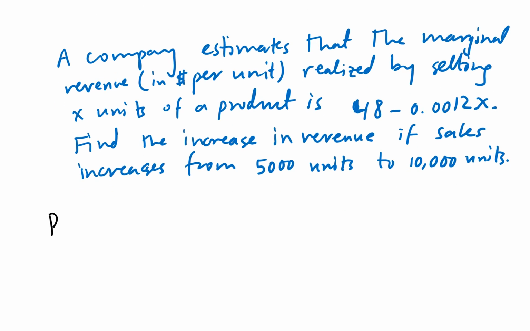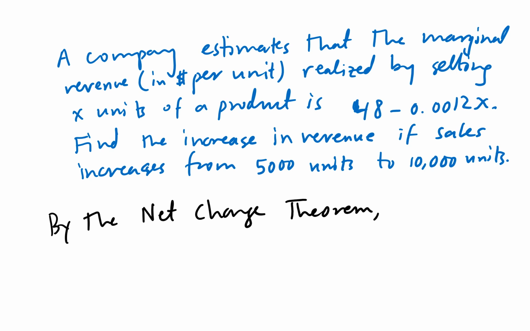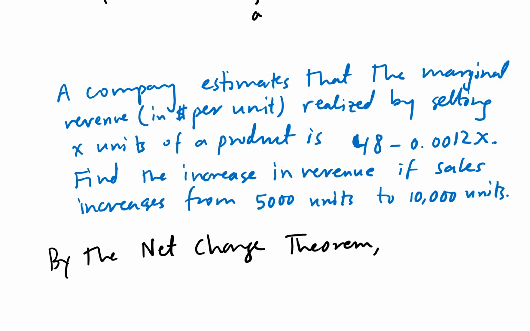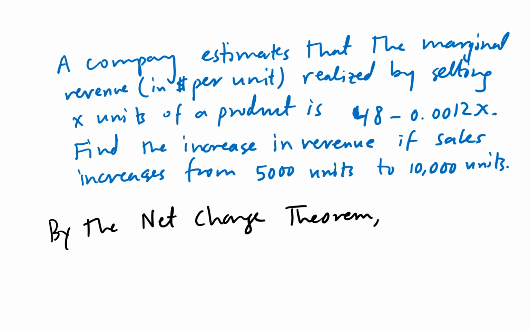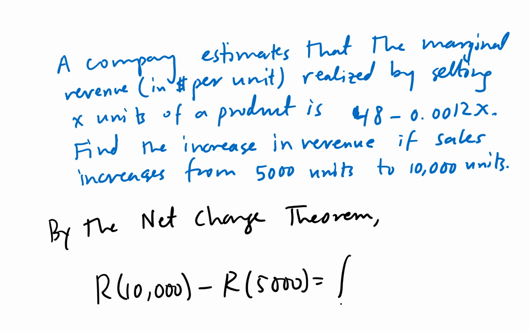So, by the net change theorem, we're going from a to b, that's from 5,000 to 10,000. So we say R of 10,000 minus R of 5,000 equals the integral from 5,000 to 10,000 of the given function, 48 minus 0.0012x.